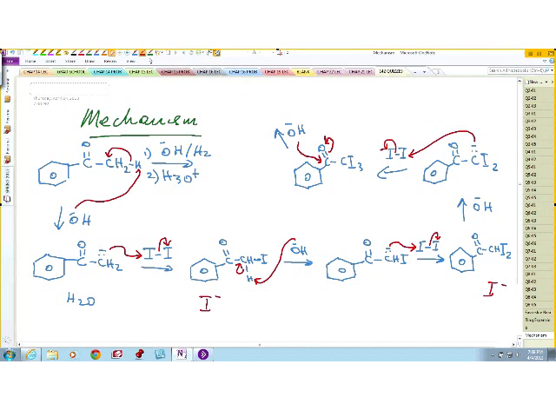And then that gives you this here. And then once we reform the carbonyl, and this leaves, that finally gives you the iodoform.